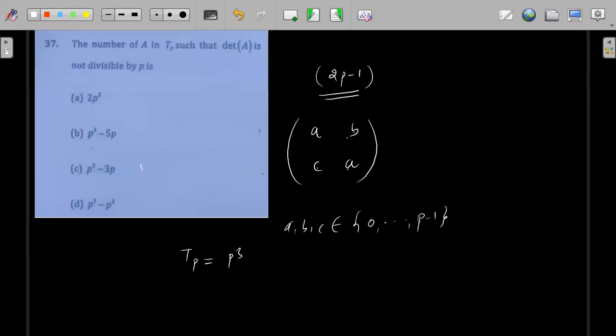Now see, they have given the number of A's in TP such that the determinant of A is not divisible by P. The total number of matrices whose determinant was divisible by P was 2P minus 1. So this will become P cube minus 2P plus 1. Okay, so copy this one.